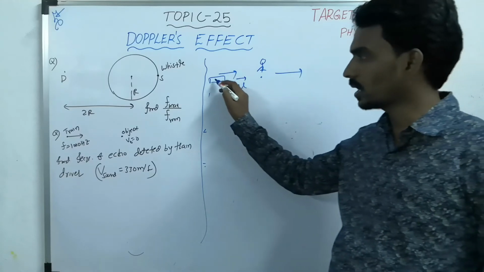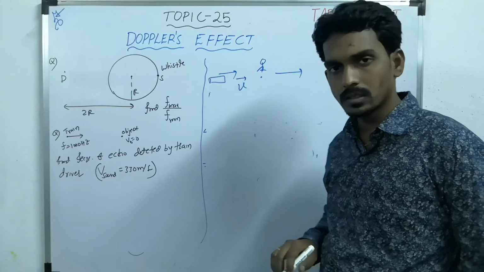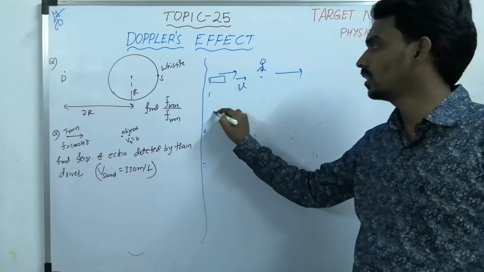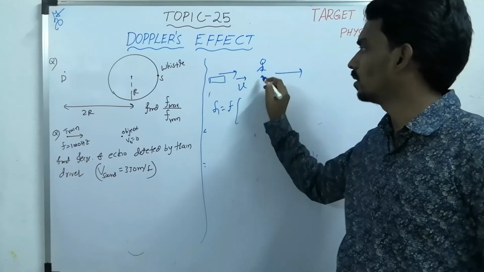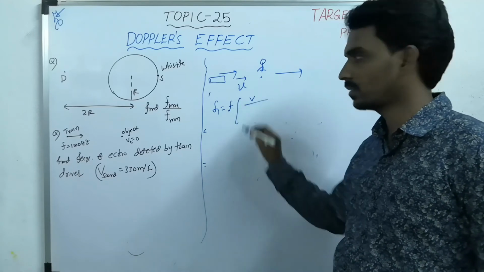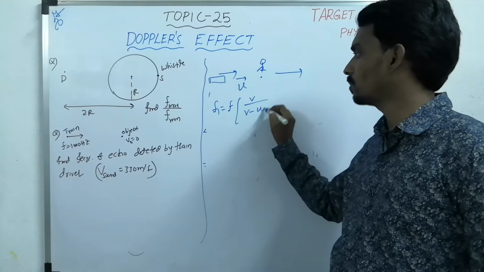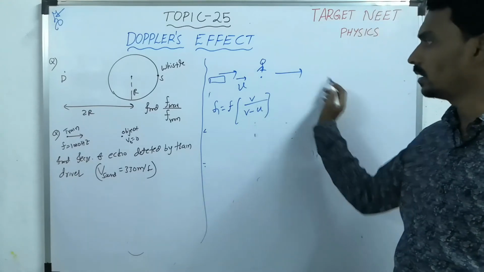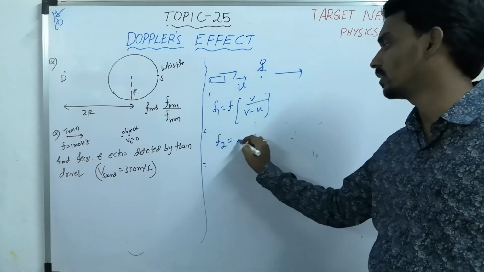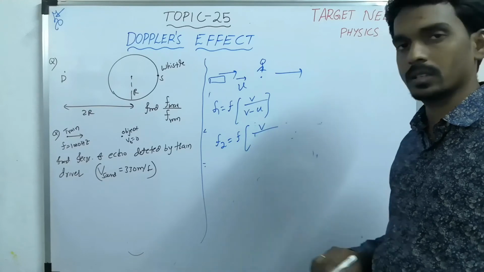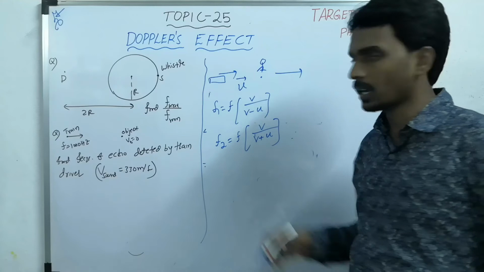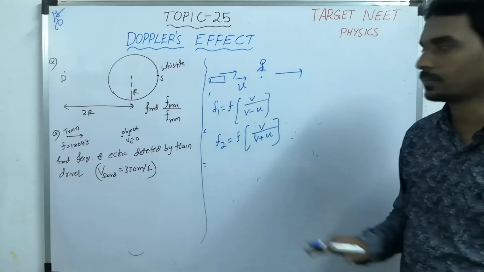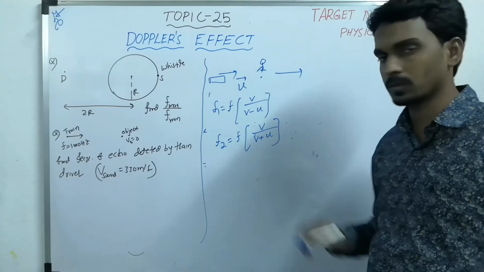First it is the case of source approaching a stationary observer. Then what is the frequency? f into, observer is at rest, source approaches means minus. Then the source recedes, but the observer is at rest only, then V plus U. Then they can ask you what is the number of beats you can hear. This is one question.